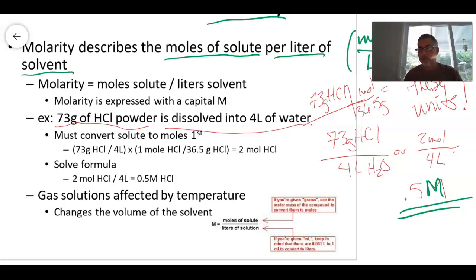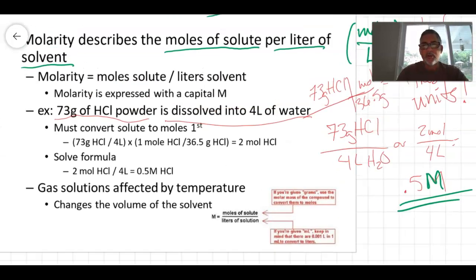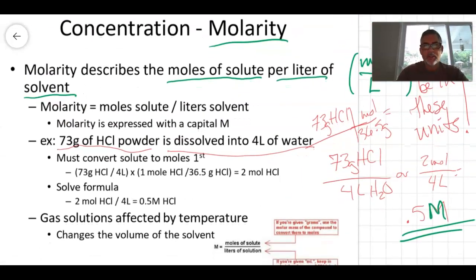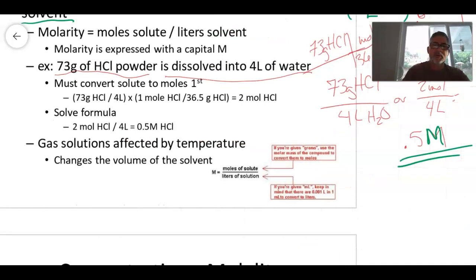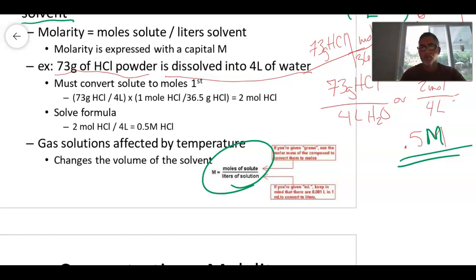A concentrated solution of hydrochloric acid would be about 12 moles, because that's near saturation. So it's about halfway saturated. As you do your homework, molarity is pretty easy. It's just moles over liters. So just remember, it's moles solute over liter solvent.